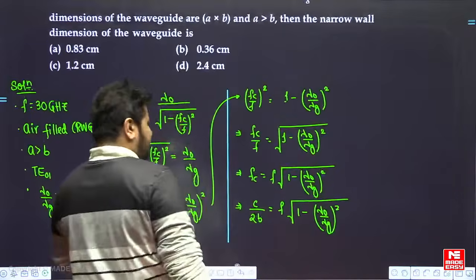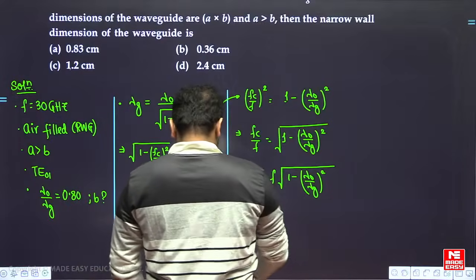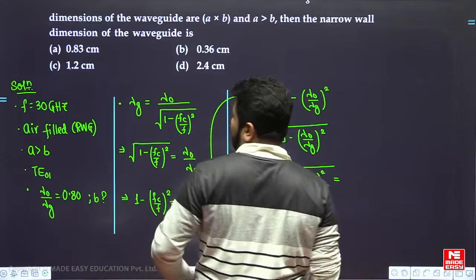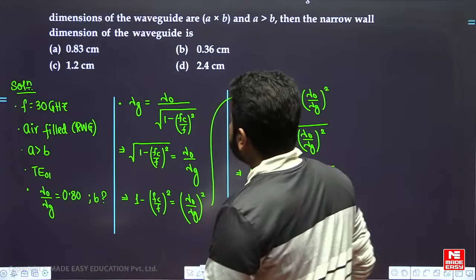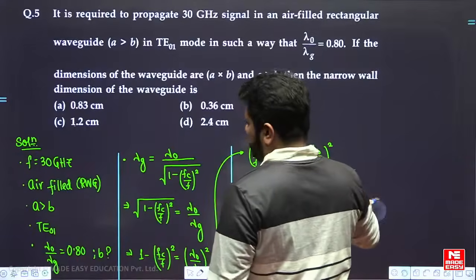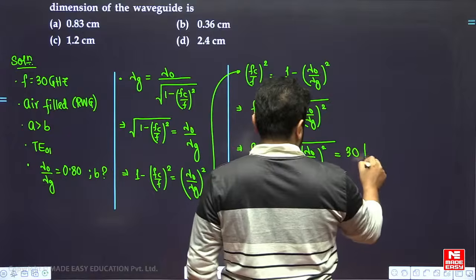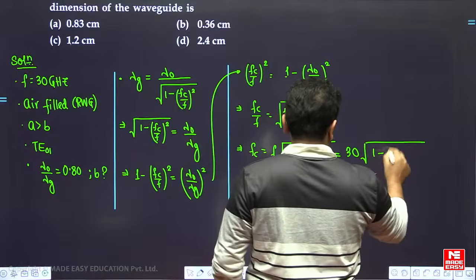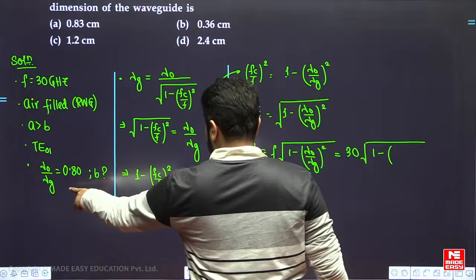Or rather let us solve this first, because otherwise it will become a very long process. So frequency of operation is how much given? 30 gigahertz, okay. So 30 root under 1 minus lambda naught upon lambda g, is it?